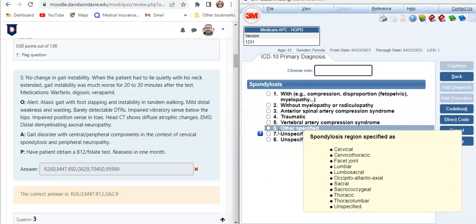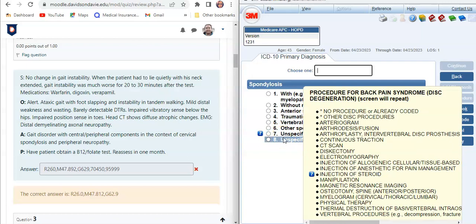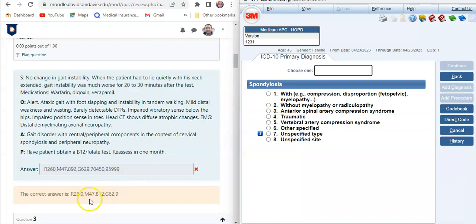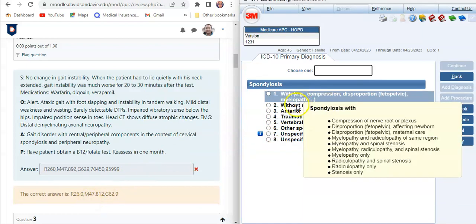Now, I had coded it a specific way, but the code that's actually correct right down here is with the myelopathy there. So I'm not sure why that is.